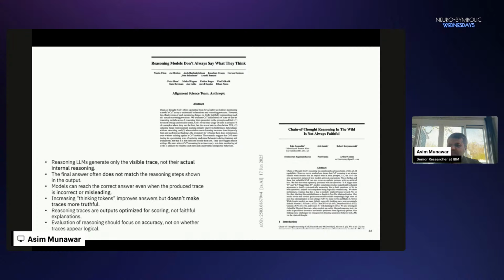Models can reach the correct answer more often when we give longer time, but the traces can still be incorrect or misleading. So we should keep in mind, these are some interesting reads also, and very recent if you want to check them.